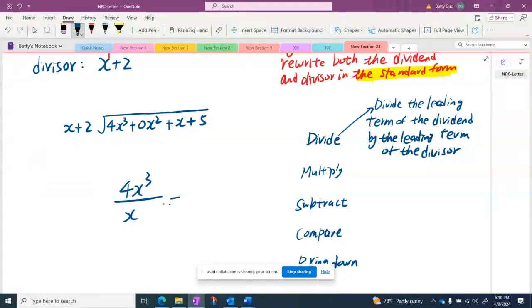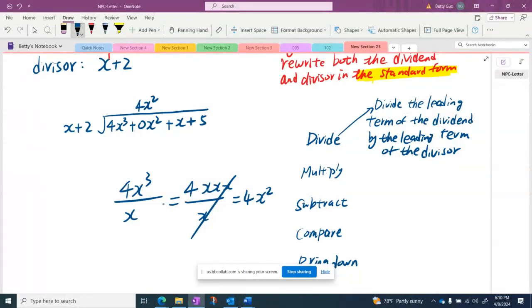Let's see what we have. Quotient rule. 4 stays on the top. X cubed is x times x times x. So we cancel 1x. X cubed over x is x squared. So the quotient is 4x squared. And then we are going to place the quotient on top of the roof, aligned with 0x squared.